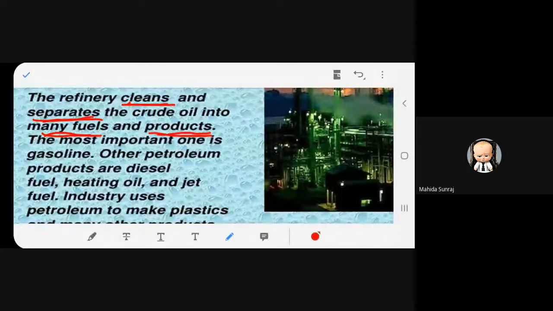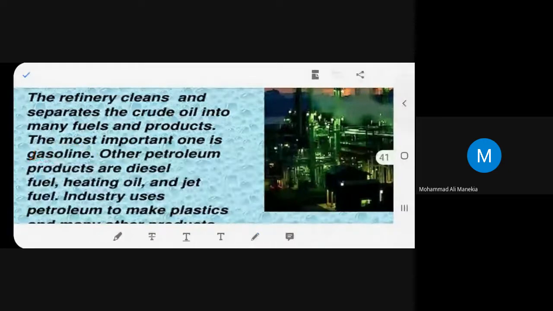So when it is refining, along with cleaning the oil, it is also separating the parts of the petroleum. The most important part is gasoline.